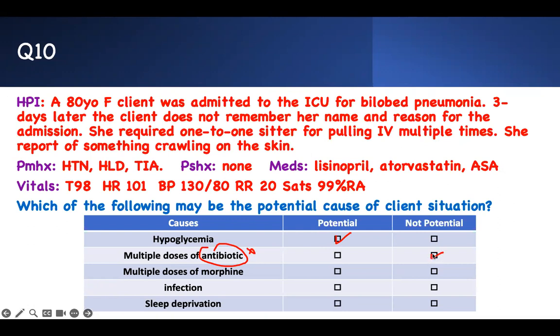There's no way antibiotics affect your neurological system. Multiple doses of morphine, yeah. If you are 80 years old and I keep slamming you with morphine, you get confused. Infection, yeah, sensorium is going to be affected. If you're not sleeping, yeah. So these are causes, these are potential.